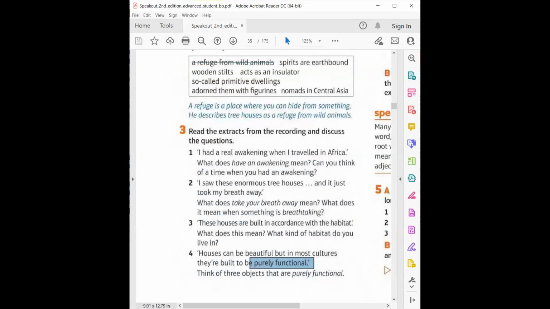This is easy as well, I believe. Did you guess, or you have no idea? I know the meaning of both words, but I don't know what they mean together. Very practical. Like we can use it, something that should be very flexible for you.